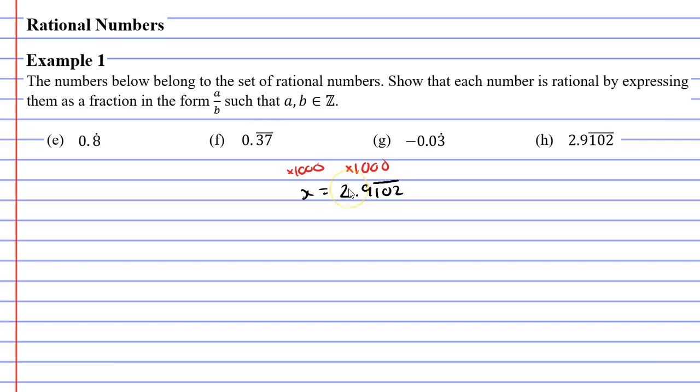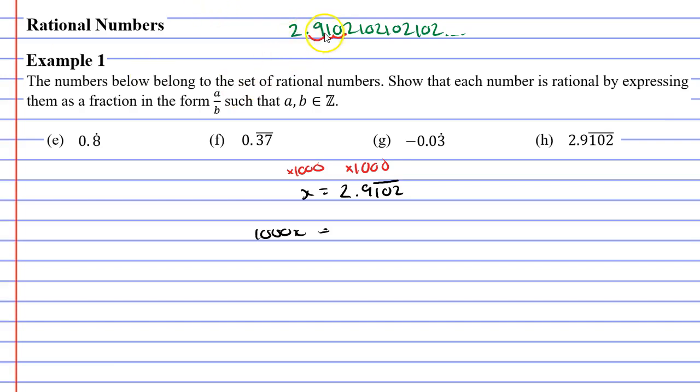So for the left side, I'm going to have 1000x. What's it going to look like on the right hand side when I multiply by 1000? Well, we'll write this down. 2.9102, 102. We'll repeat this several times. And if we multiply by 1000, we're going to move the decimal point 3 times to the right.